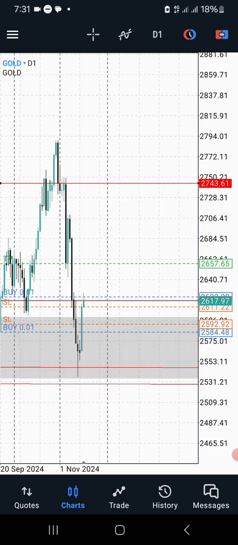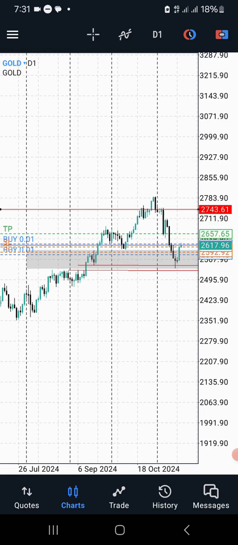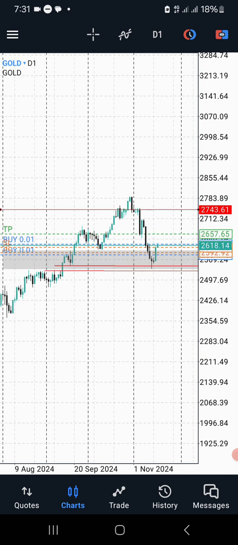So going further to the daily, I saw this, since again we are seeing the same fair value gap here.